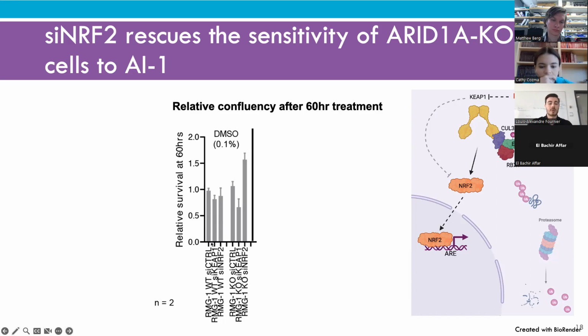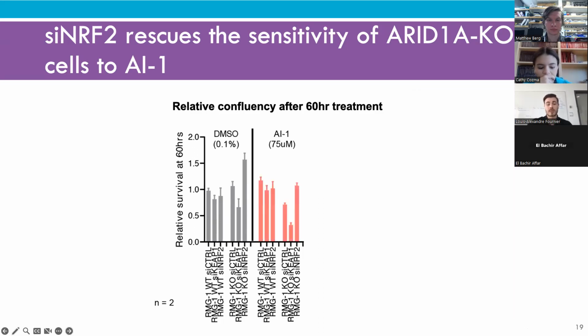We have the SI control, SI KEAP1, SI NRF2 for both. What you can see here is that the RNG wild-type cells don't present any significant defects if we knock down SI KEAP1 or NRF2. However, in the wild-type cells, we see a fitness defect if we knock down KEAP1, which confirms our findings from earlier. And we actually see an increase in survival if we knock down NRF2.